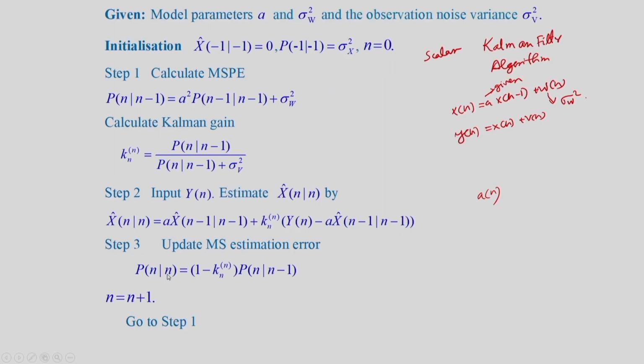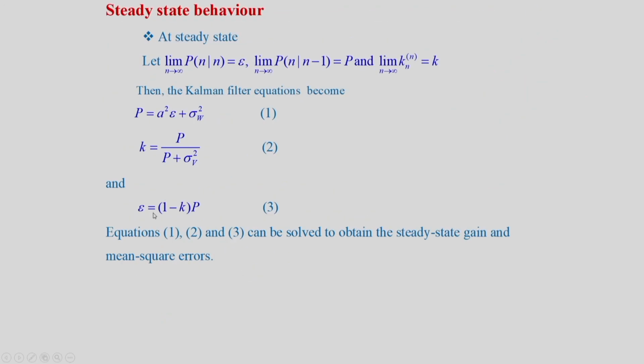Now the third update equation: the limit of P(n|n) is epsilon, so epsilon is equal to 1 minus K into P. These three equations can be solved to obtain the steady state gain and mean square errors.